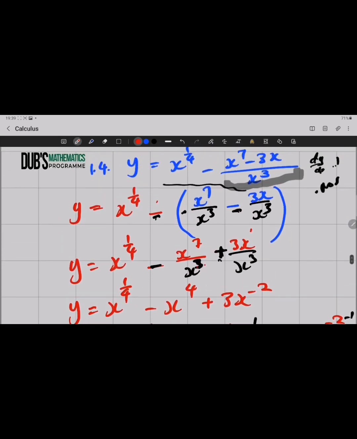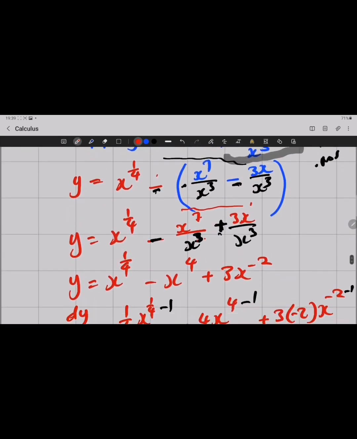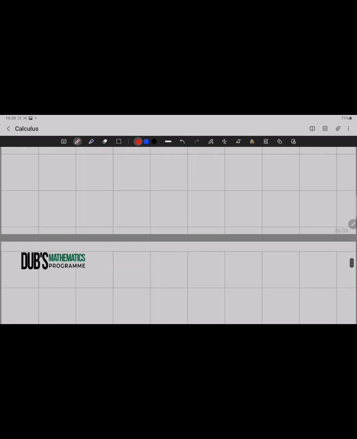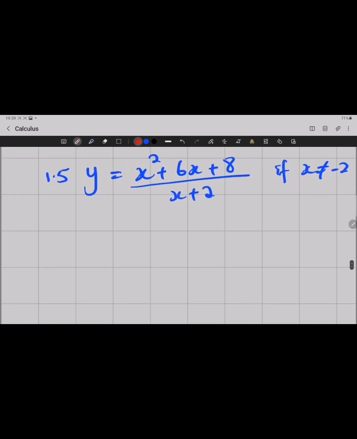The important step is that we just split here. Then the next question, we're given x squared plus 6x plus 8 over x plus 2, and we must derive.